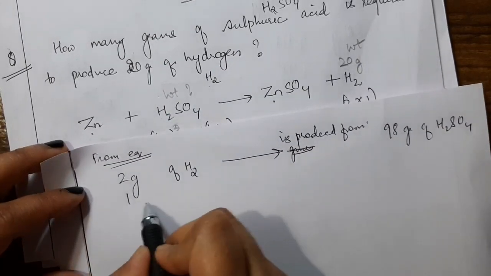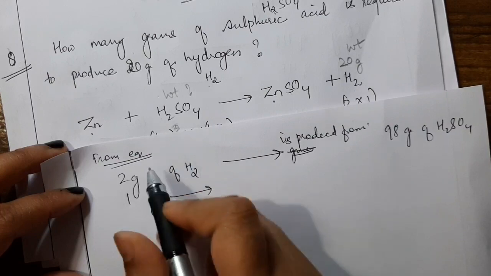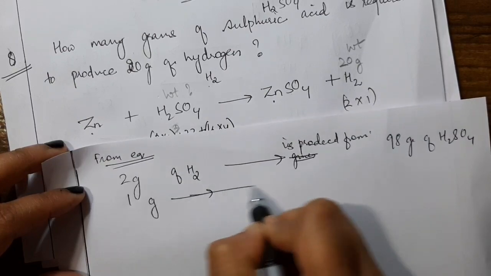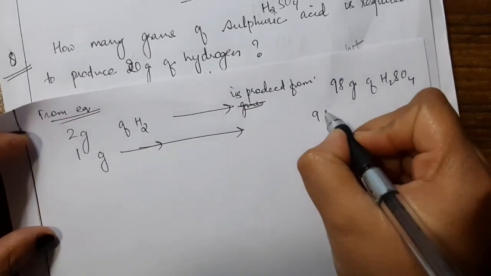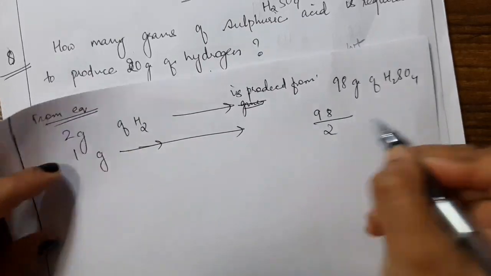So 1 gram of H2 is produced from 98 divided by 2, unitary method.